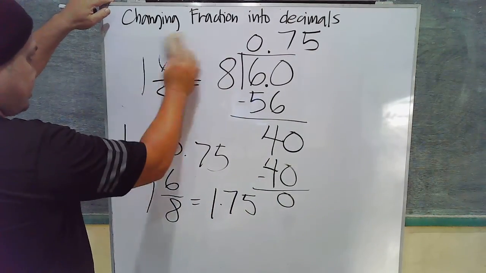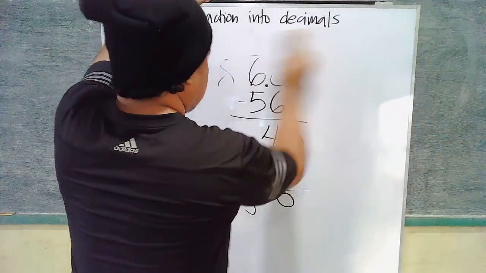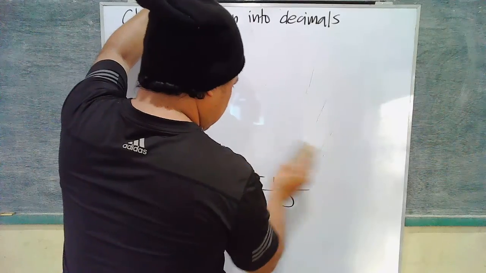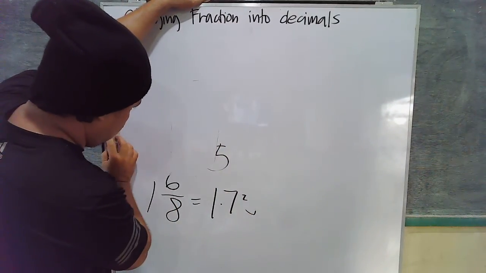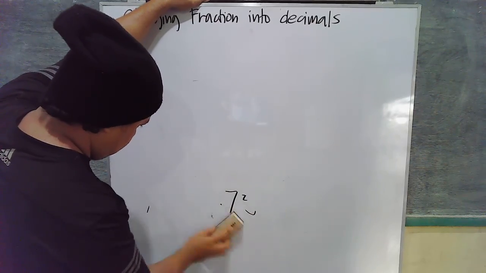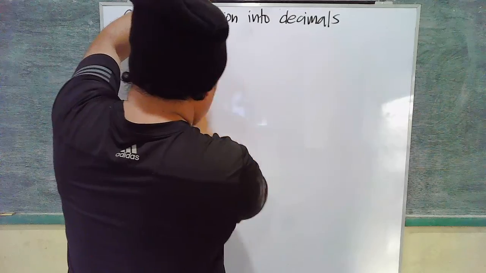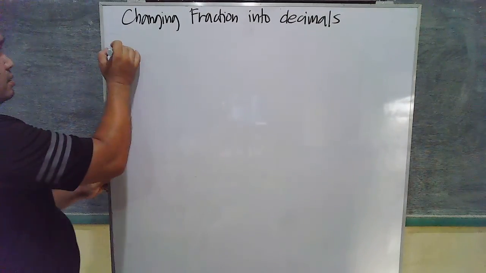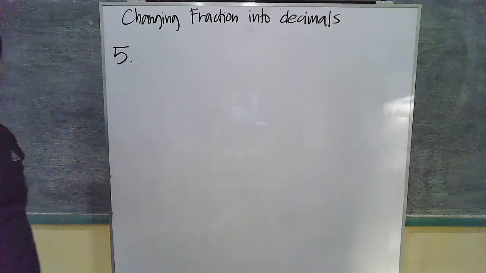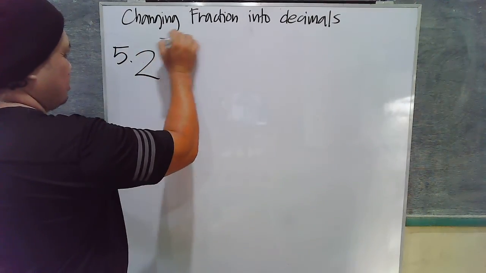Now let's solve the last example, example number 5. Let's have 2 and 7 over 8.